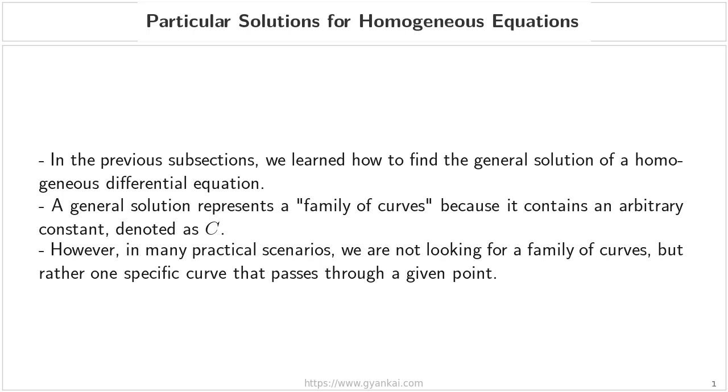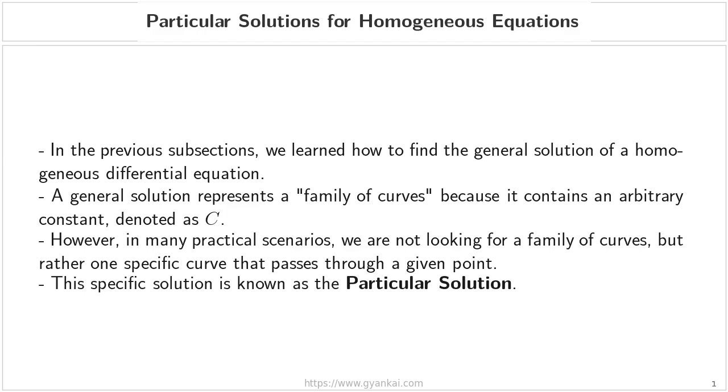We want the one, single, specific curve that passes through a particular given point. When we use extra information to pin down that one specific curve and find the exact value for our constant, we call this the particular solution. Over the next few slides, I will show you exactly how we move from that broad family of curves to finding that one unique solution.